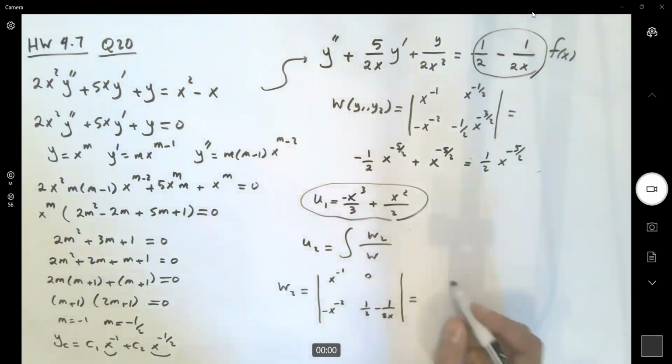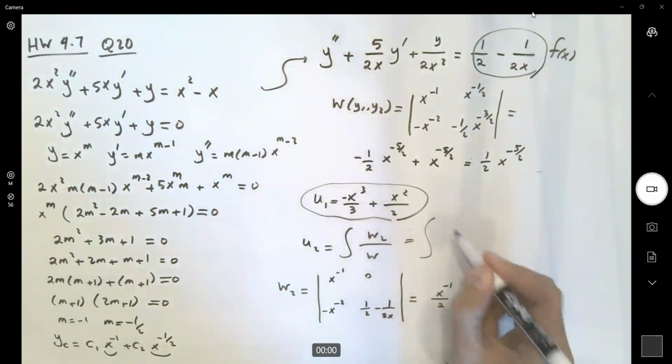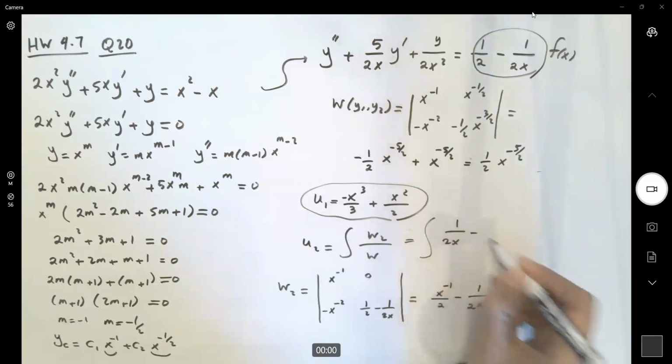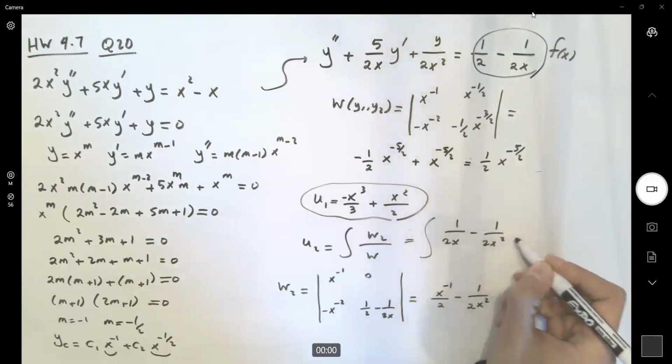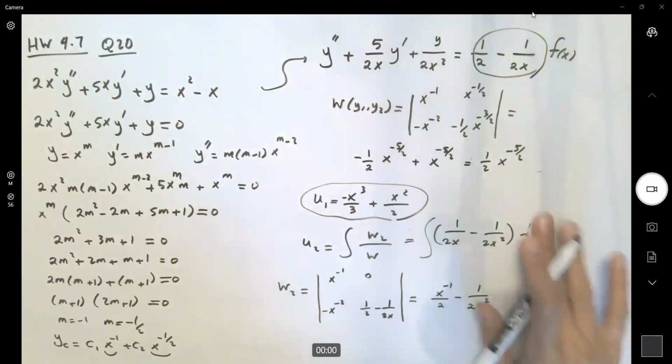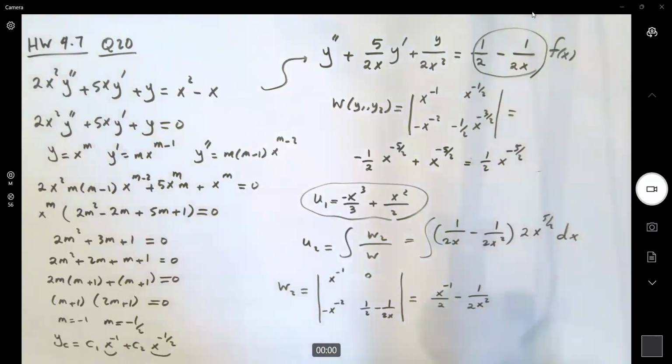This becomes x minus 1 divided by 2 minus 1 over 2x, or a half x to the -2. So this becomes the integral of w2, which is 1 over 2x minus 1 over 2x squared. And here you have your a half divided by a half, so you get 2x to the positive 5 over 2 dx. Let's find this integral.